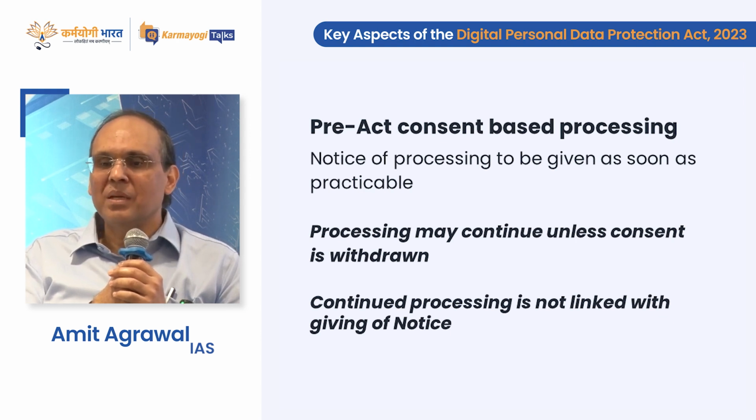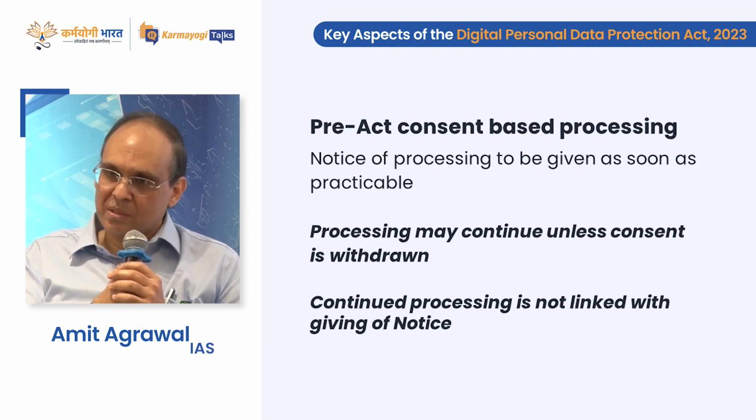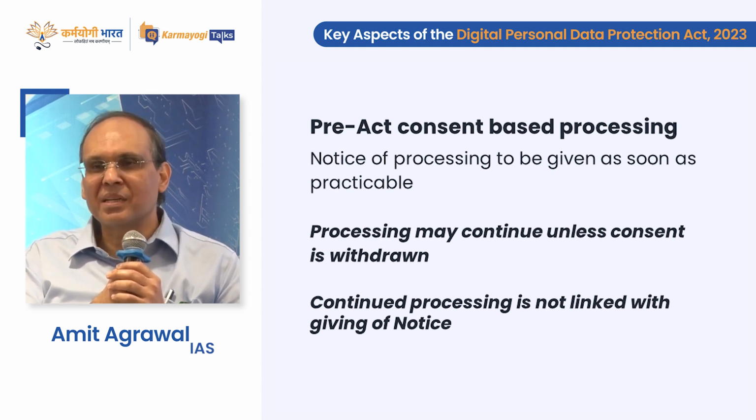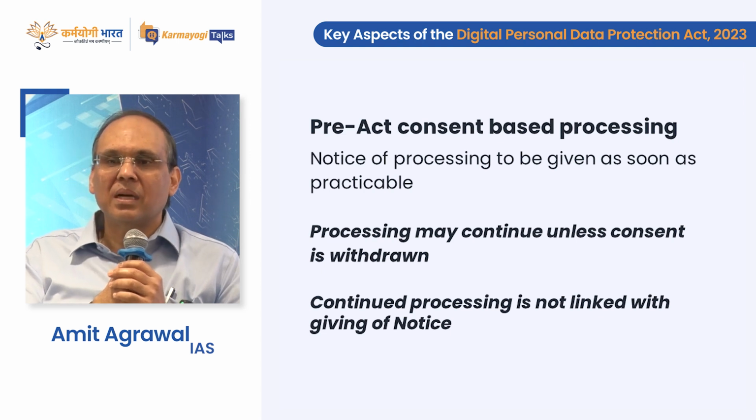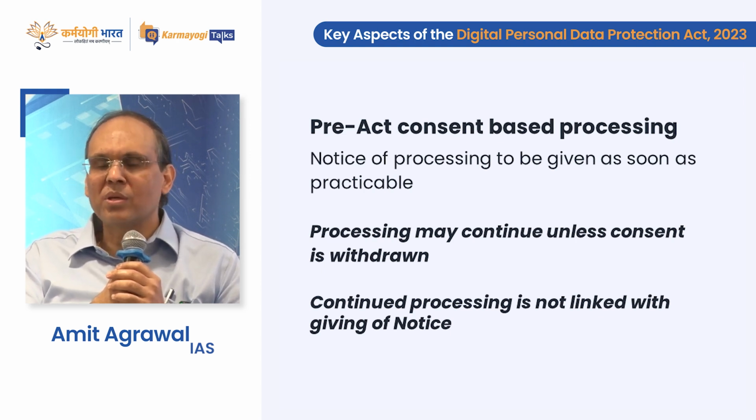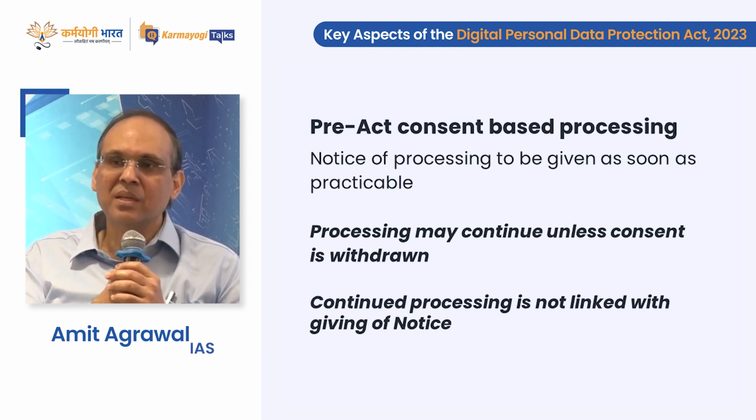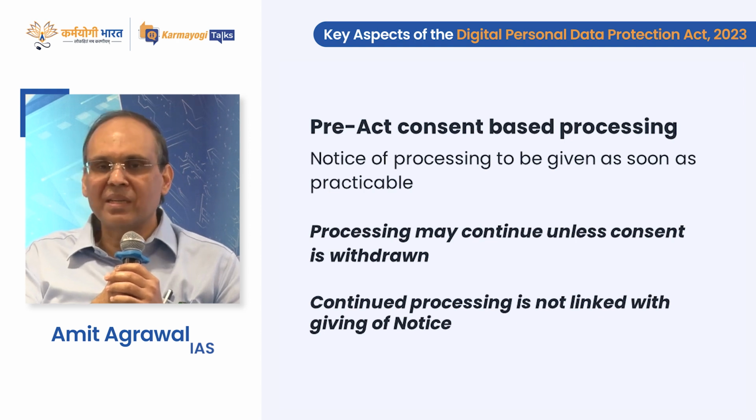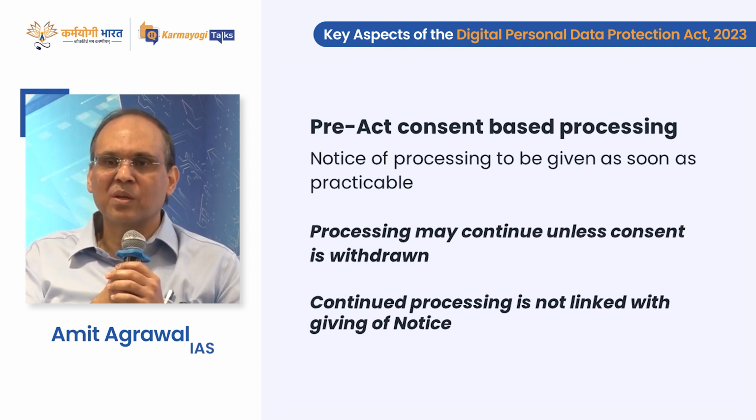At the same time, as soon as practicable does not give you a free pass not to do it or use it as a pocket veto, because there is the Data Protection Board with a hierarchy of appeals above it, remember, and if you take too long doing it, surely somebody will go and raise an adjudication. It's been a year, 2 years, and you've done nothing. You'll be asked to take a stand, make a submission in a hearing, and then somebody else will decide whether it is practicable or not practicable, have you done enough or not done enough.